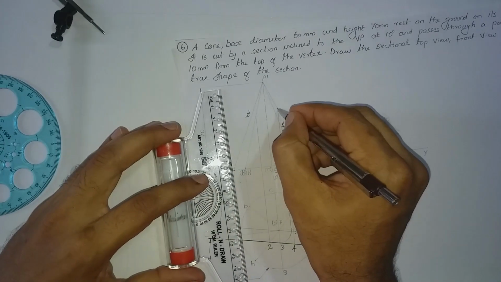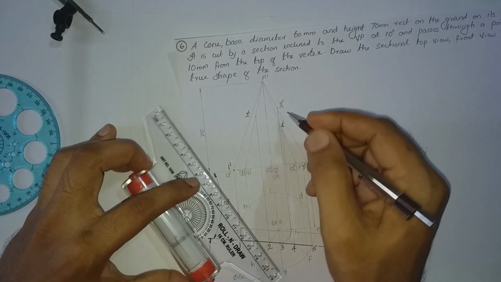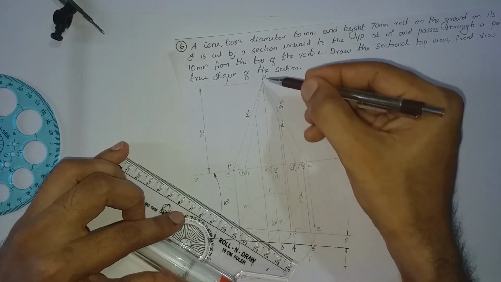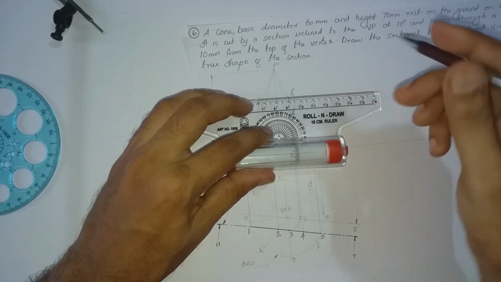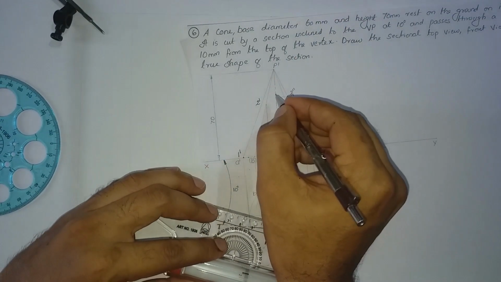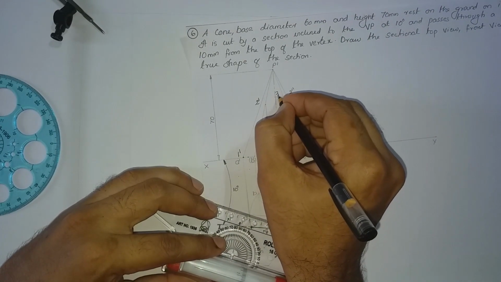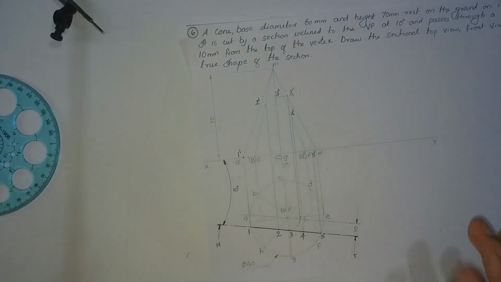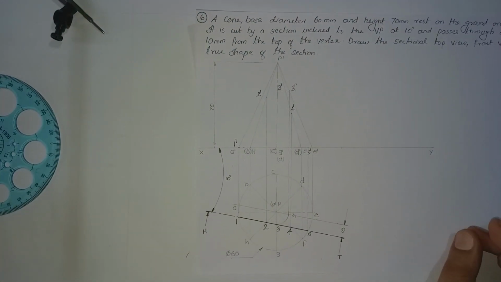Let us mark this point as 3 1 double dash. Now let us transfer 3 1 double dash to P dash G dash. This procedure involves a concept related to lines inclined to both planes.